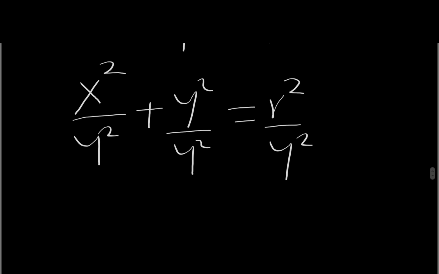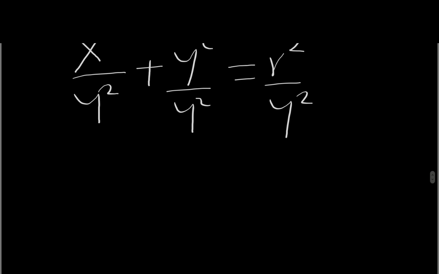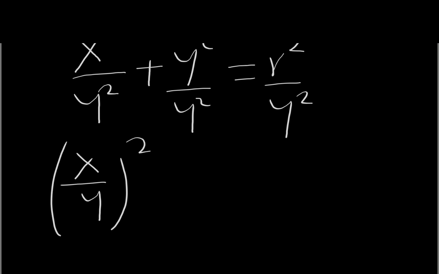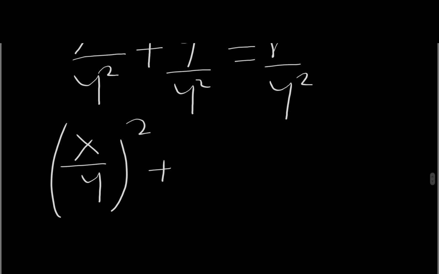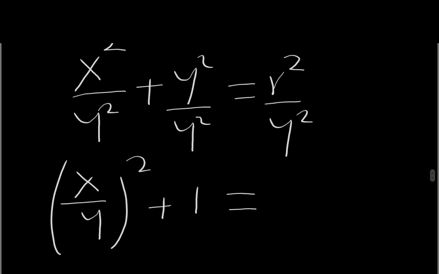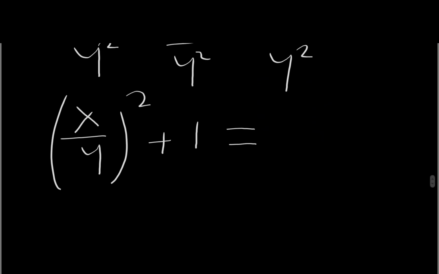So this is the same as (x over y) all squared plus y squared over y squared. We shall surely get 1. So 1 is equal to r squared over y squared, which is the same as (r over y) all squared.